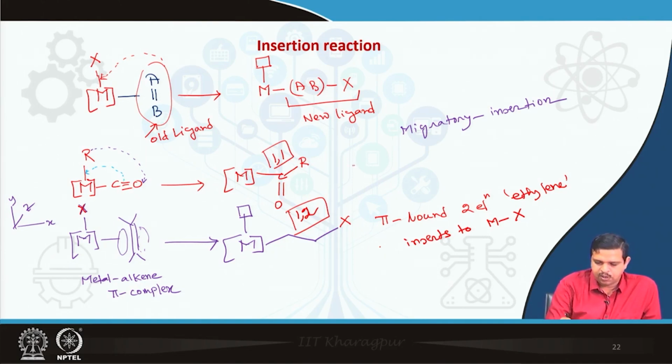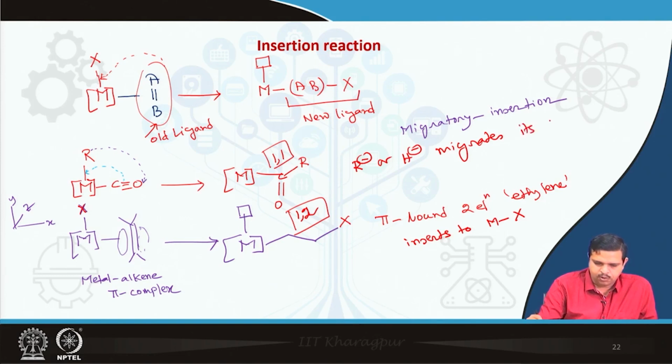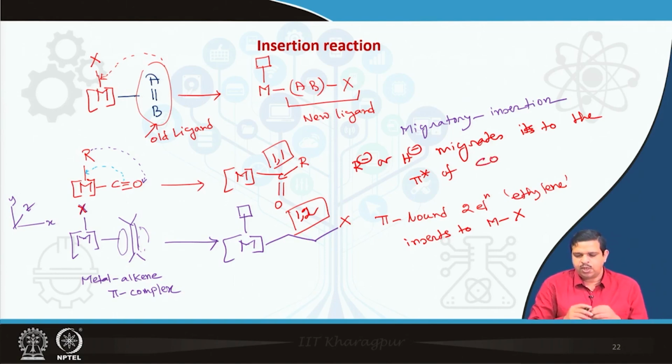So, basically what is happening, the R minus or H minus migrates to the pi star of CO. You know that when you are putting electron density on the anti-bonding orbital of any molecule, then that bond will be weak and it will cleave.